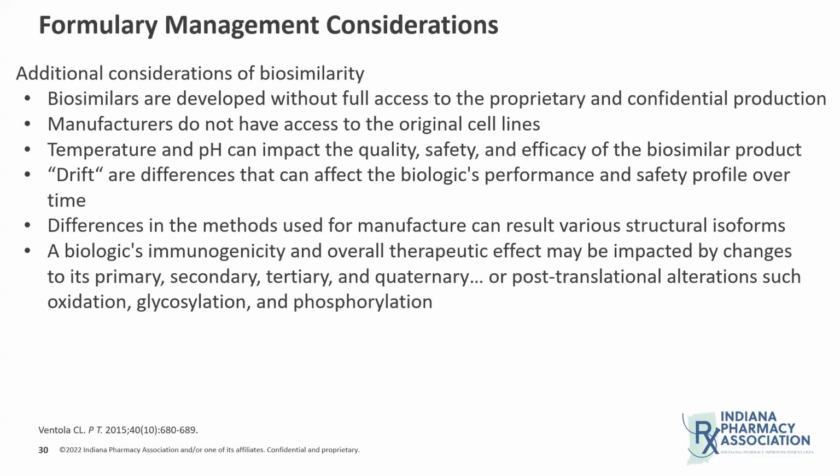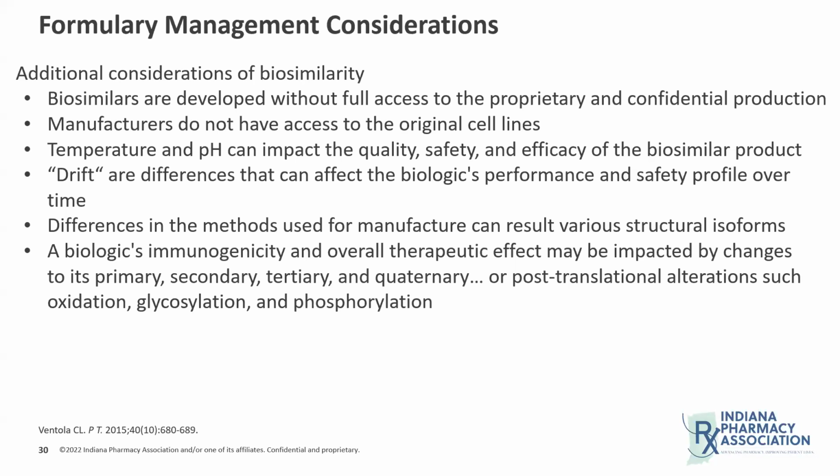But again, these are large molecules and large proteins. Temperature, pH, and drift can all cause changes to efficacy. Drift is not that one Tokyo movie. Drift is differences that can affect the biologic's performance and safety profile over time. But even additional chemical processes can happen that can affect the structure as well.